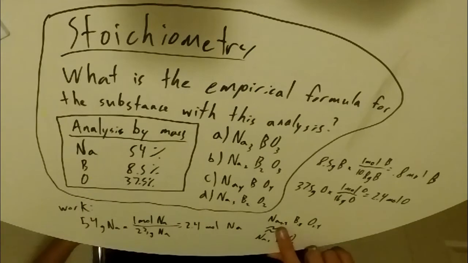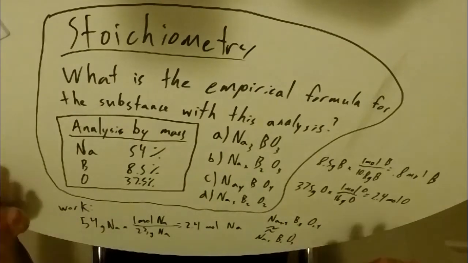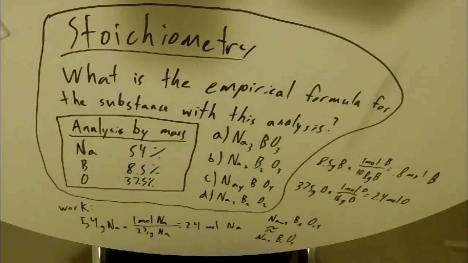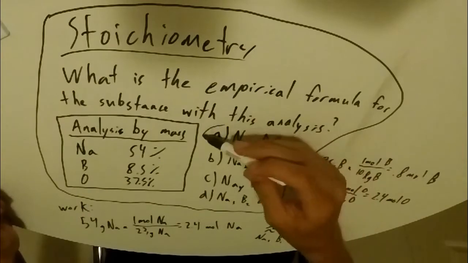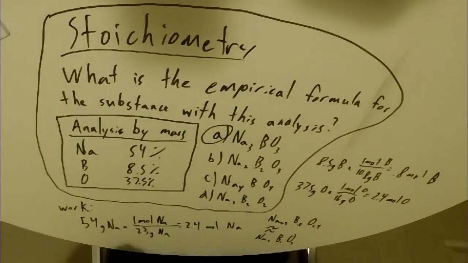So Na subscript 2.4, B subscript 0.8, and oxygen subscript 2.4. Now you just divide it by your lowest amount of moles, which is 0.8. And then you'll get the molar ratio, which ends up being Na3, B1, and oxygen 3. And you look at your options, and oh, there it is. Option A.